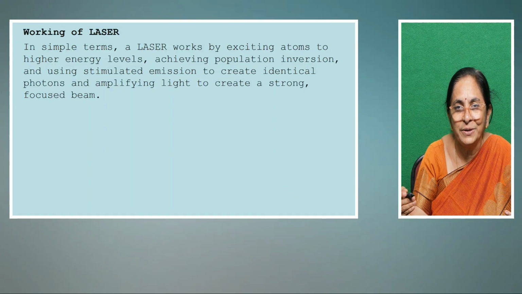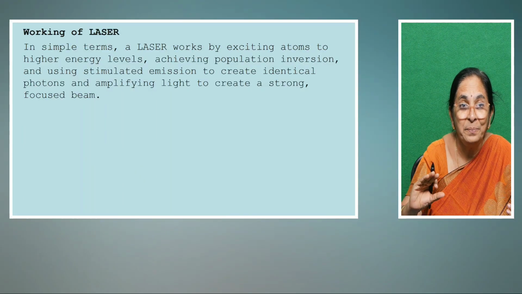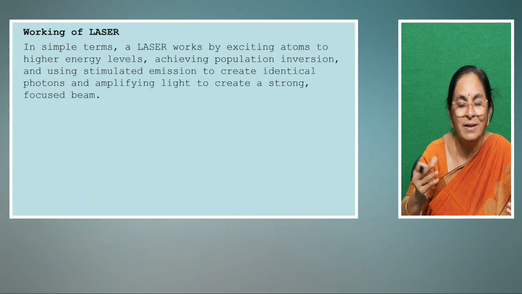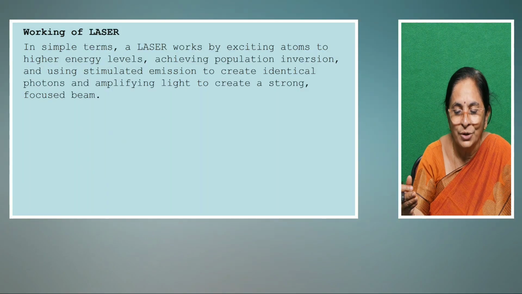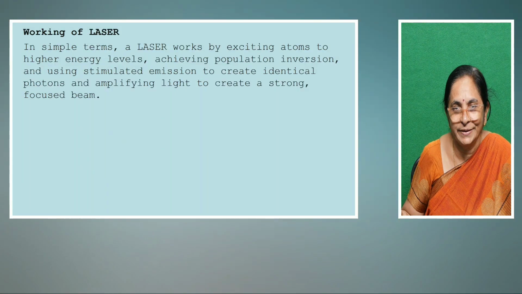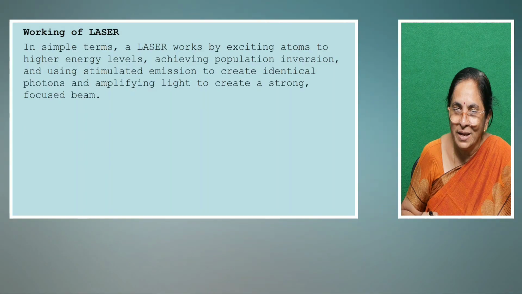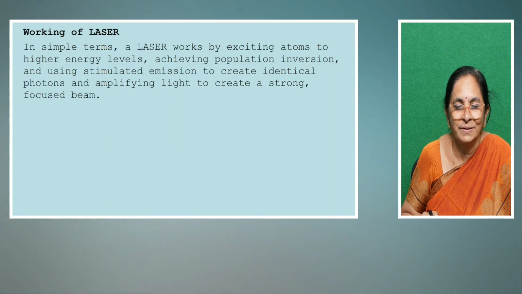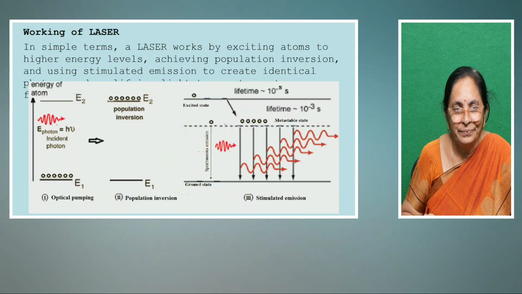With stimulated emission we get a lot of photons, but they will be very weak. The third step is to amplify, or strengthen, the energy of these photons to get a strong focused beam. This is what we call the working: optical pumping, stimulated emission, and amplifying the emitted photons. That is the working of a laser.